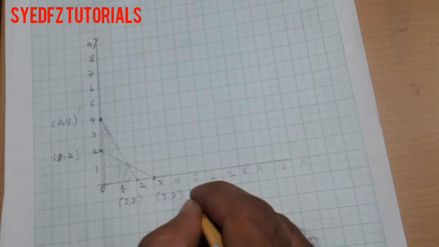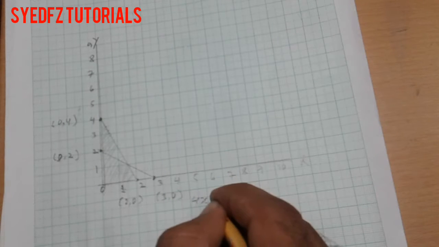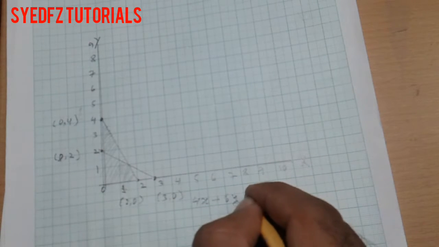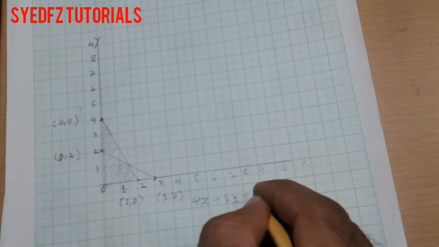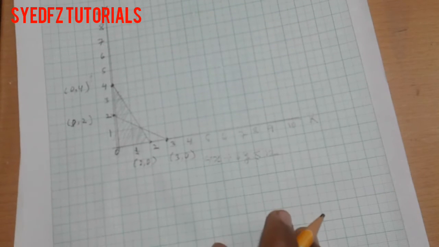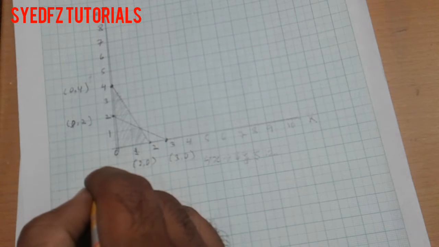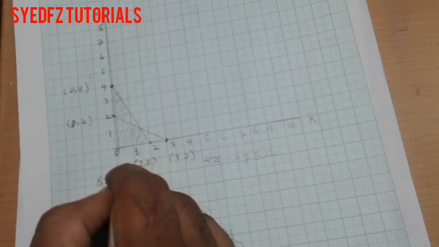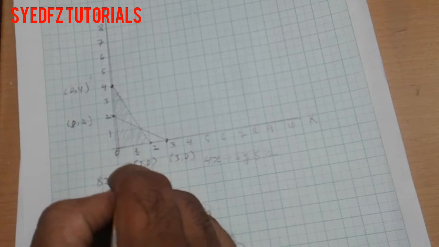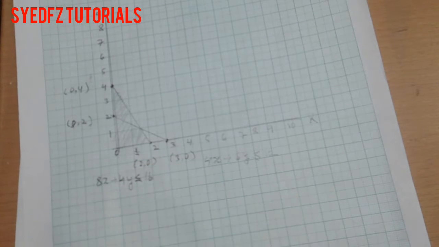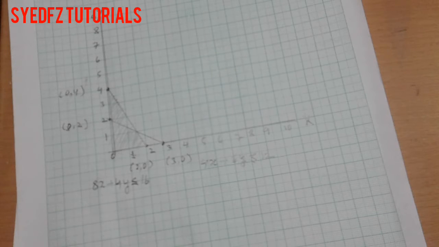This is where we have taken 4x plus 6y greater than or equal to 12, and for this one we did 8x plus 4y less than or equal to 16. Where is the intersection?